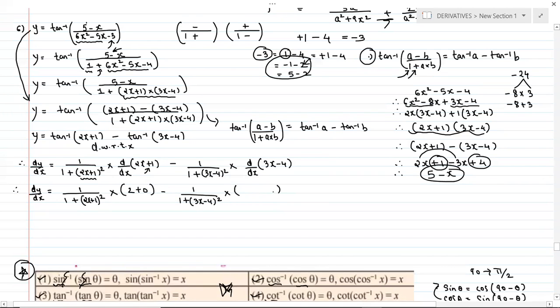Here also, same, there are two terms. Derivative of 4 is 0 and derivative of 3x will be what? 3. So in the final step, 2 plus 0 will be 2. So we'll write this as 2 upon 1 plus (2x plus 1) the whole square minus 3 upon 1 plus (3x minus 4) the whole square.